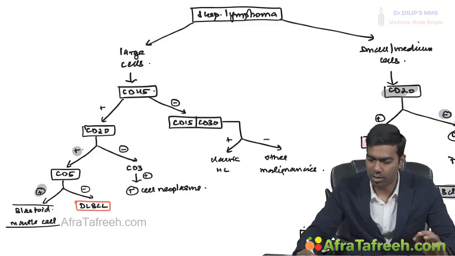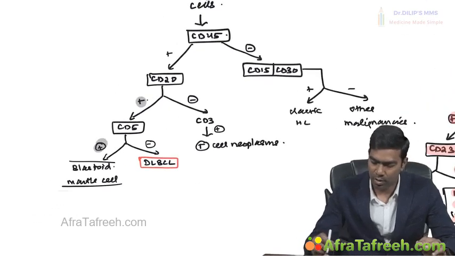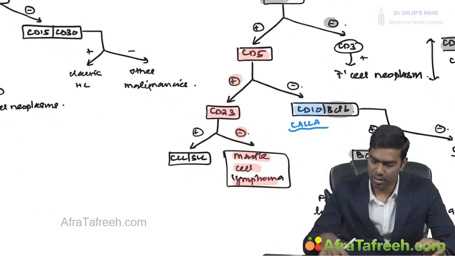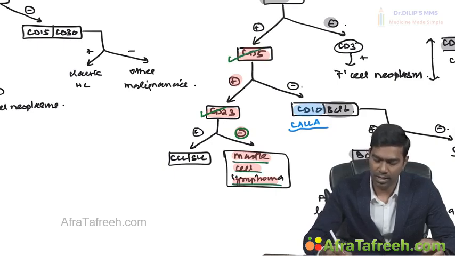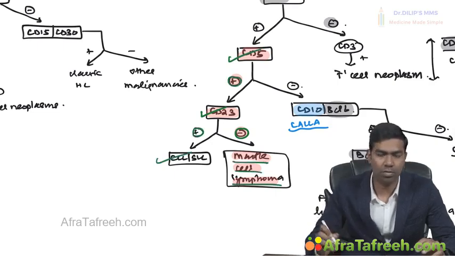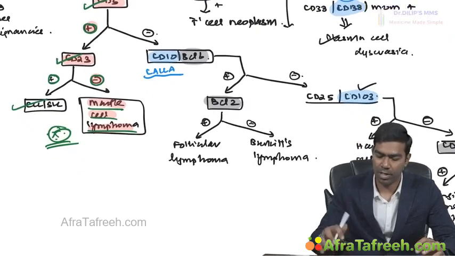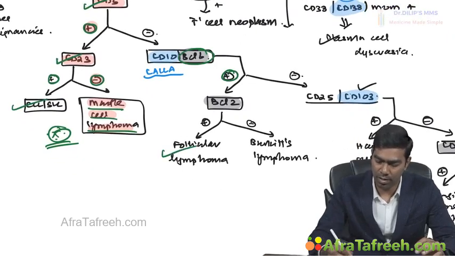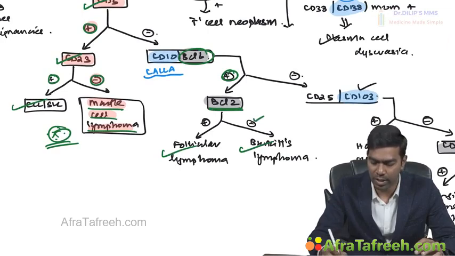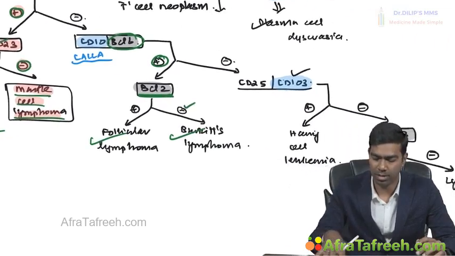Then you can remember this very important thing. I told you already, CD23 negative, CD5 positive is mantle cell lymphoma, and CD5 positive and CD23 positive goes towards the CLL. This is really important. This is multiple times asked. Similarly, this BCL6 positivity in follicular and Burkitt's, and BCL2 negativity in a Burkitt's, again many times asked.